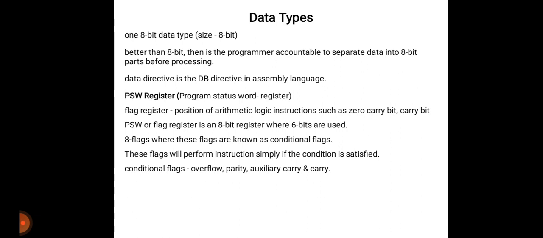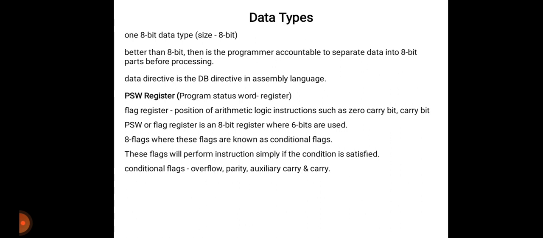It is also called the flag register, and is used to show the status of arithmetic and logic instructions, such as the zero bit, carry bit, etc. The PSW or flag register is an 8-bit register where 6 bits are used, and it includes 8 flags.